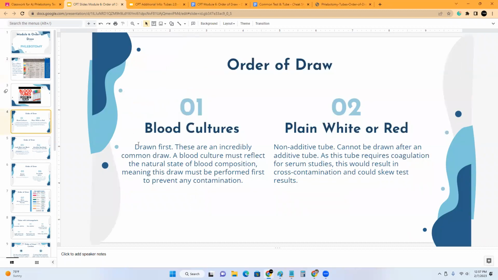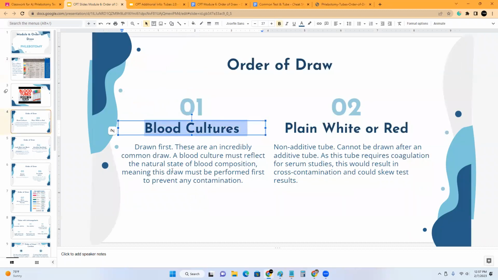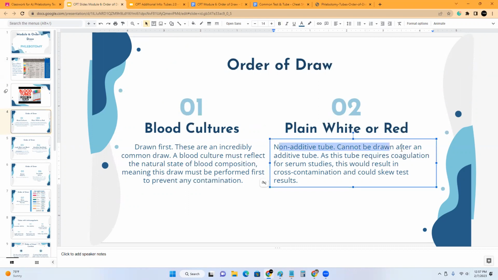So your order of draw, the blood cultures are always drawn first, as we discussed. The cultures must reflect the natural state of the blood and composition. So if any other chemicals get in there, it does contaminate it and it'll cause it not to be accurate. Non-additive tubes, like the plain red or white ones, don't have any additives in them.